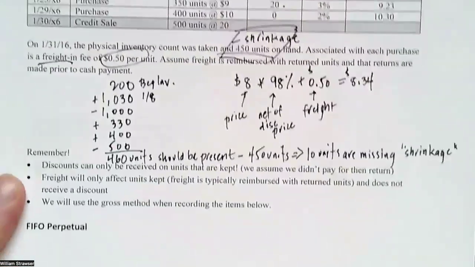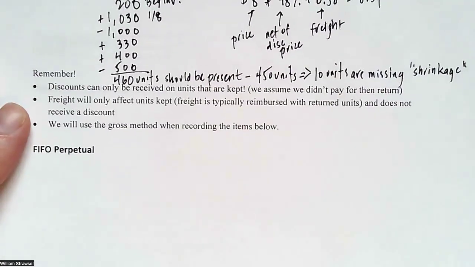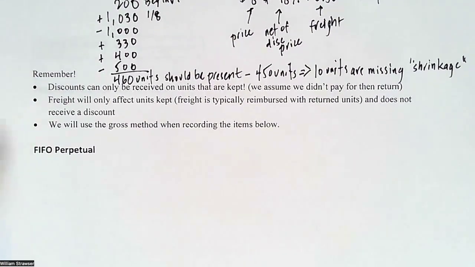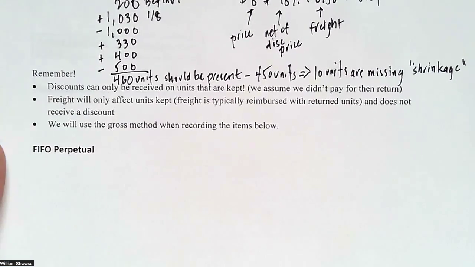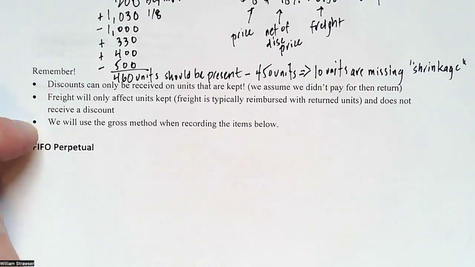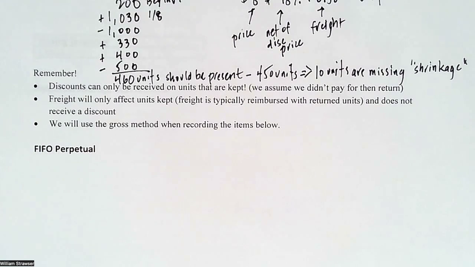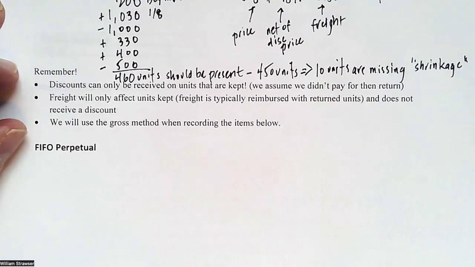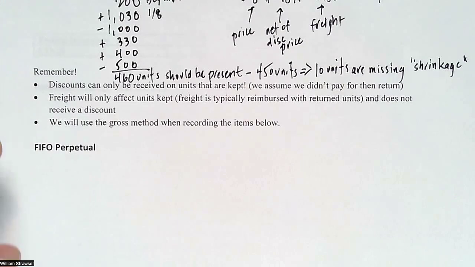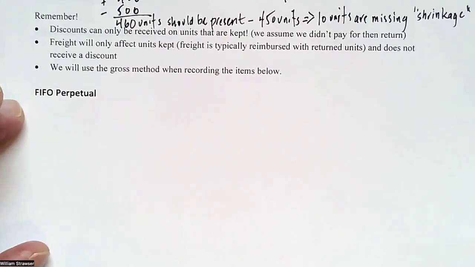FIFO perpetual. Let's look into that. These are just some reminders of things that I said before. We're going to use the gross method, but it's not really problematic in terms of how that changes anything here. So we've got FIFO perpetual.